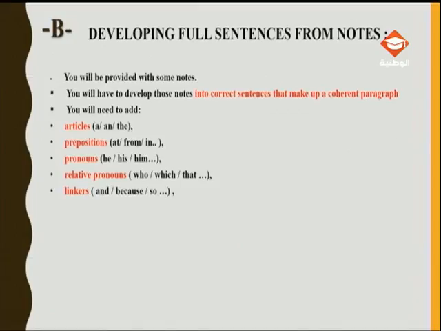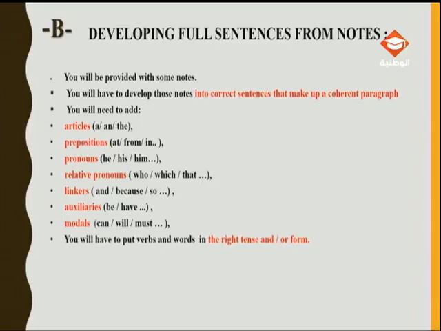Linkers, of course, you will need to use linkers, but you should not overload your paragraph with linkers. You will need to add auxiliaries, be and have. You will need to use modal verbs such as can, will, must, should, need, whatever the sentence requires.